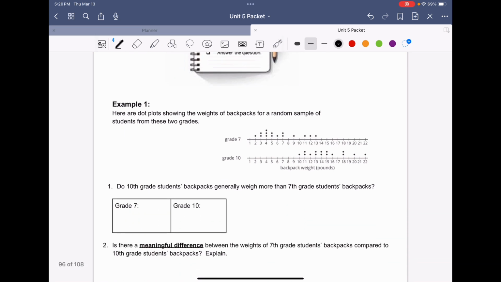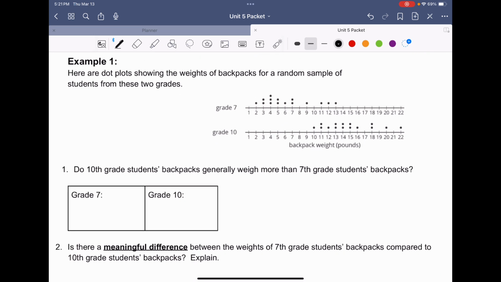It says, here are dot plots showing the weights of backpacks for a random sample of students from the 2 grades. So we've got grade 7 and grade 10. Do 10th grade student backpacks generally weigh more than 7th grade student backpacks? In order to figure this out, we first need to understand our measure of center.